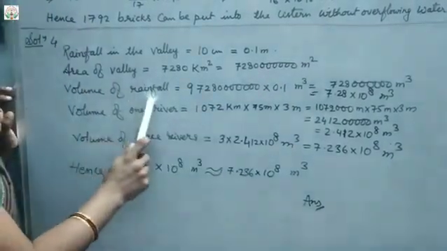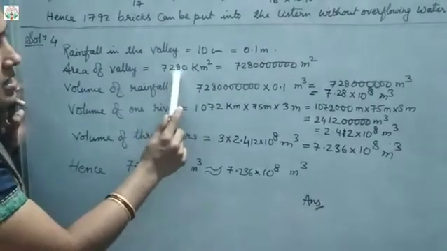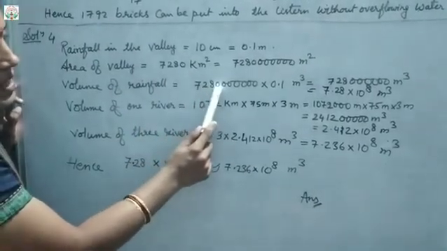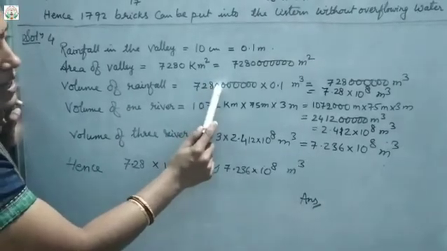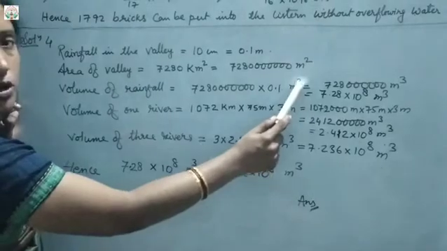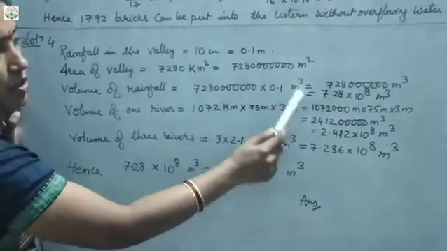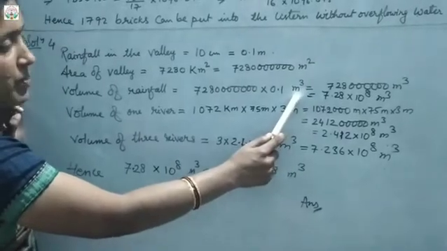Now the volume of rainfall will be 7,280 into 6 zeros into 0.1 meter cube, because this is in meter square and the meter will multiply to give cubic meter.